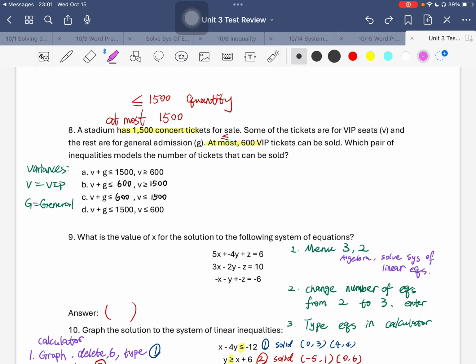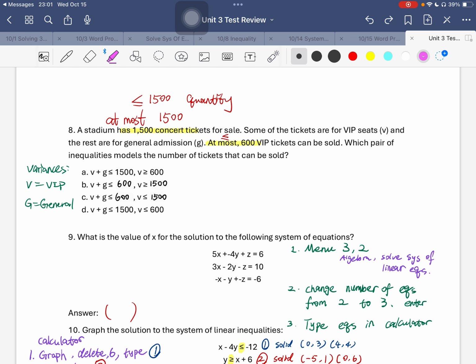So for this one, I can say my first keyword is at most, which is less than and equal to according to our anchor chart. And I know the 1,500 seats or tickets are the quantity. It's not money, it's quantity.